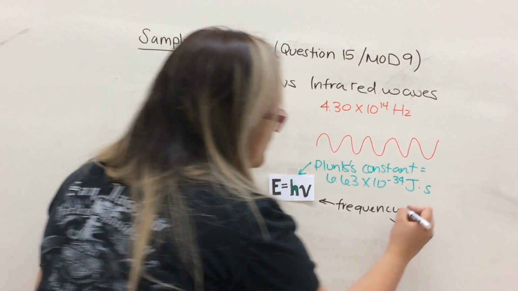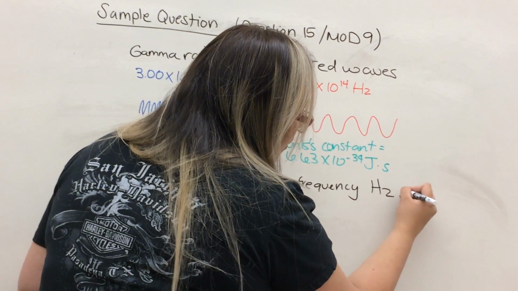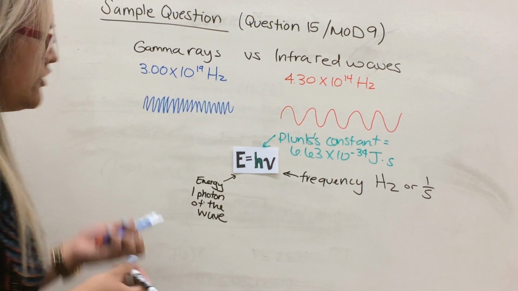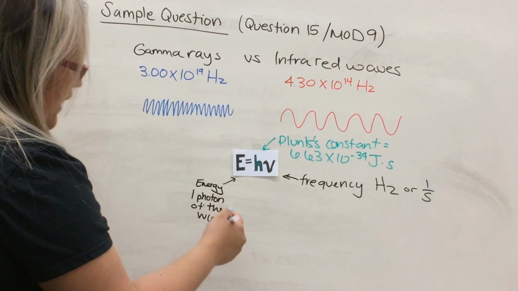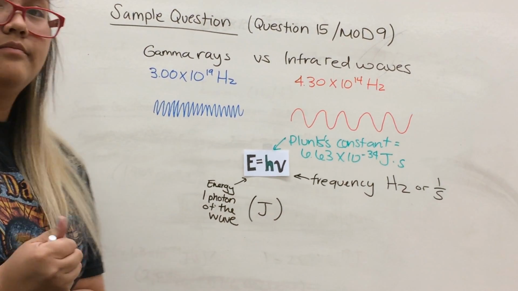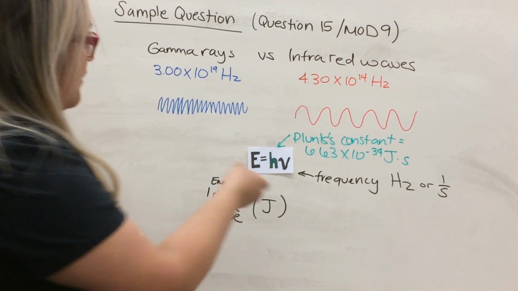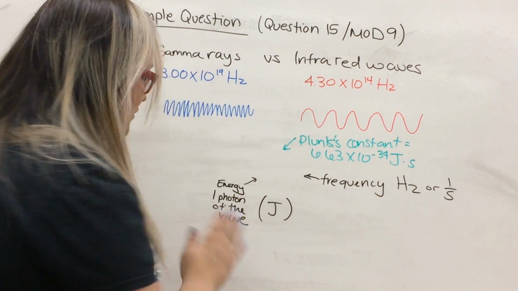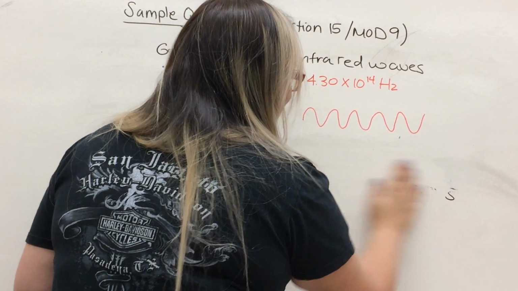The unit of frequency is hertz, or per second. And just to reiterate, the unit of energy is the joule. Okay, so I am going to put this up here so you can see, and I need some room, so we'll do that.